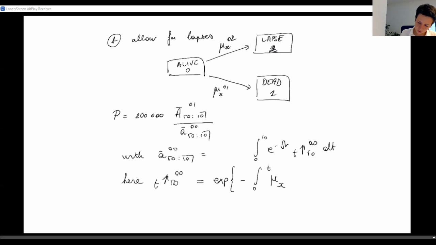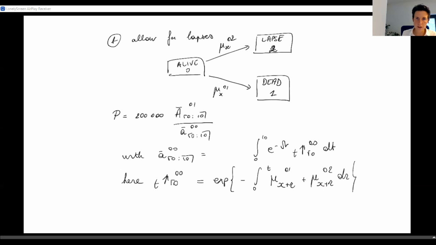And now I need to take the sum of the forces of decrement into account. So that's the difference with the previous solution. Now I have to explicitly take into account that in order to stay in state 0, you have to resist both forces of decrement which are applicable to a policyholder in state 0. So I've got a sum here of the two intensities.